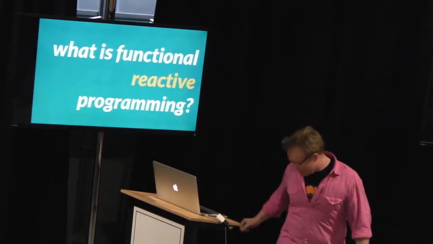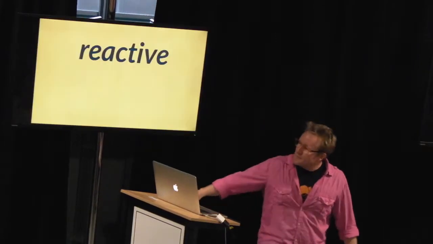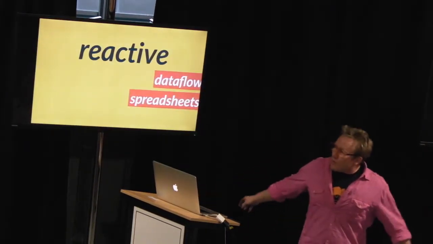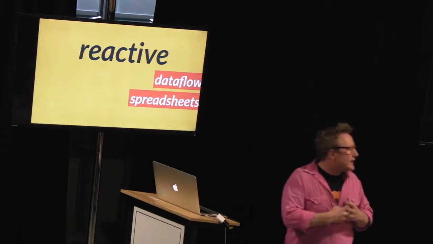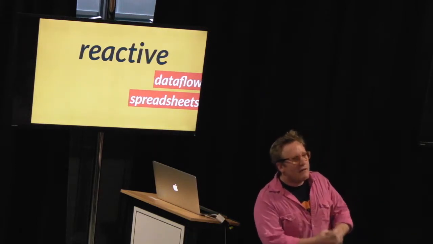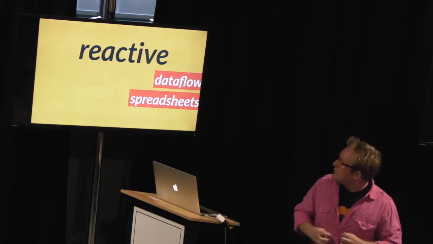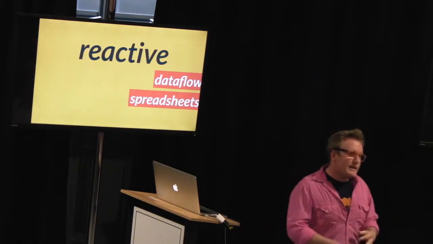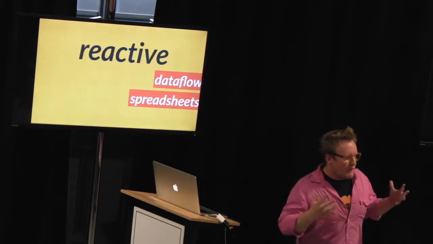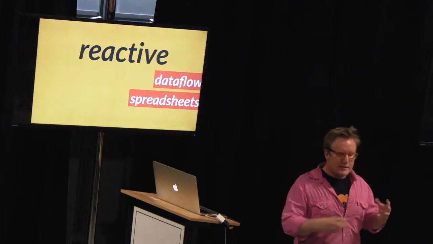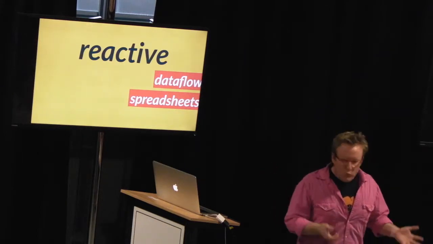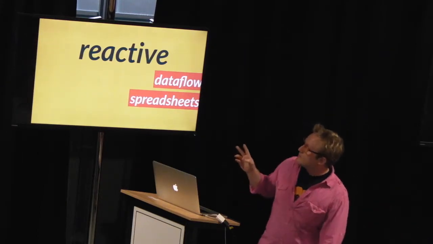Reactive. What the hell does reactive mean? Well, reactive is talking a little bit about the way you think of your program. It's when you start thinking of your program, your app, in terms of data flow, as opposed to deciding what's going to happen. And one of the best examples of this, I think, is spreadsheets, right?